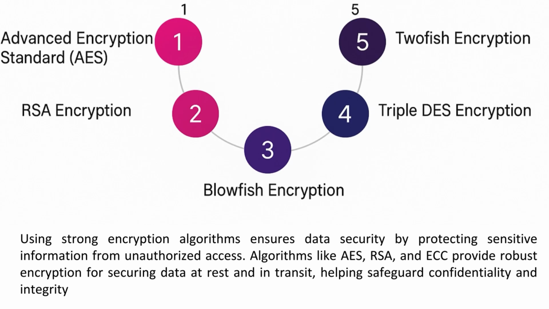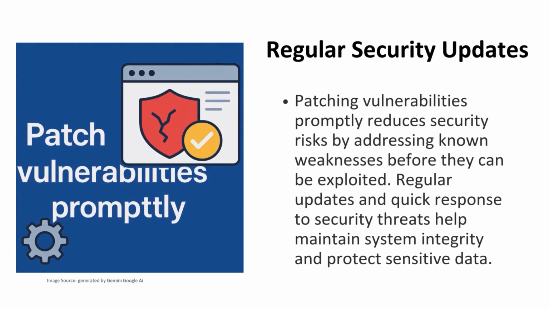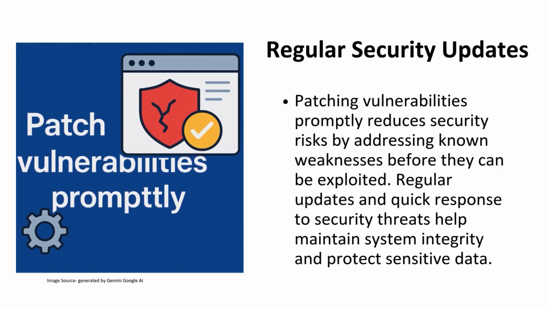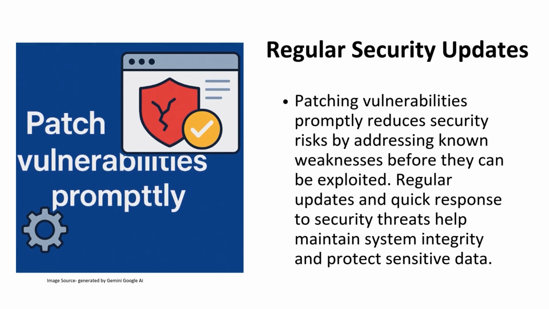So, regular security updates. Patching vulnerabilities promptly reduces security risk by addressing known weaknesses before they can be exploited. Regular updates and quick response to security threats help maintain system integrity and protect sensitive data.